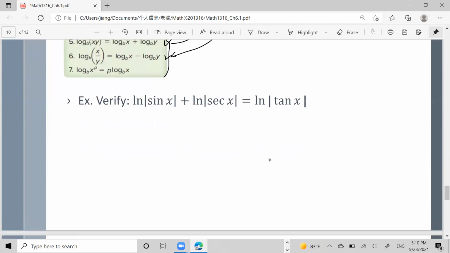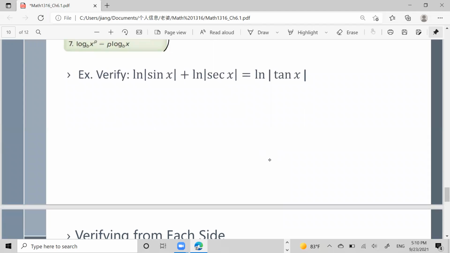Let's verify this equation. Let's start from the left-hand side, because I like to do it from the left-hand side. If you feel you are good at starting from the right-hand side, you can do that. Left-hand side equals ln of the absolute value of sine x plus ln of the absolute value of secant x.